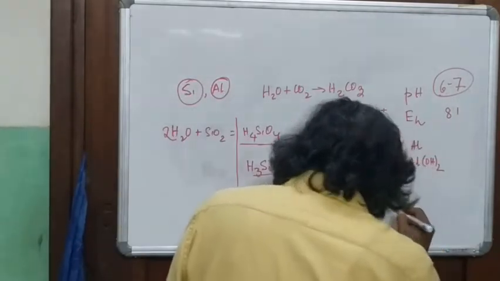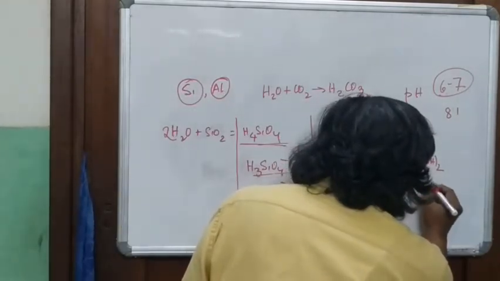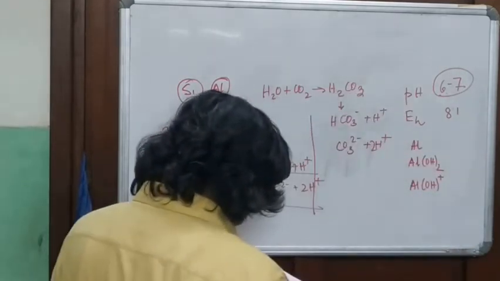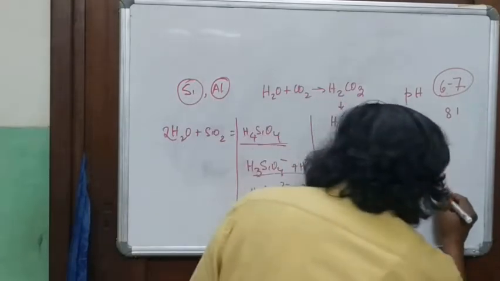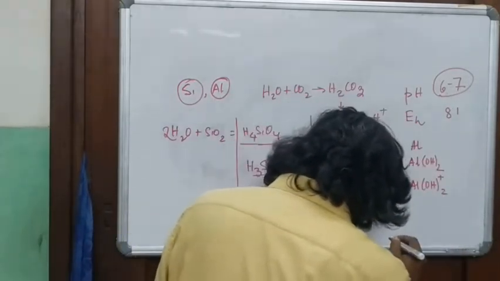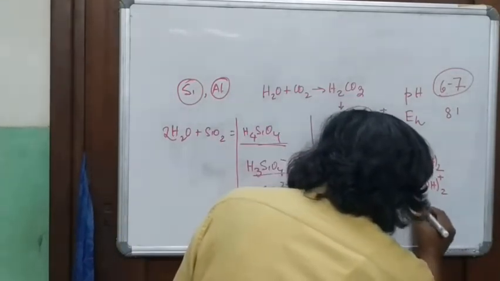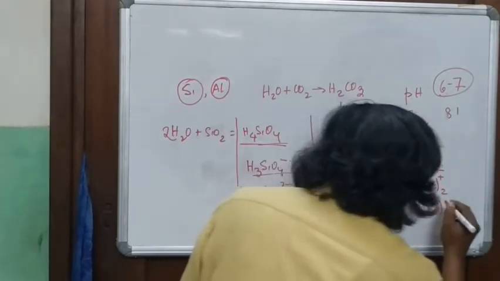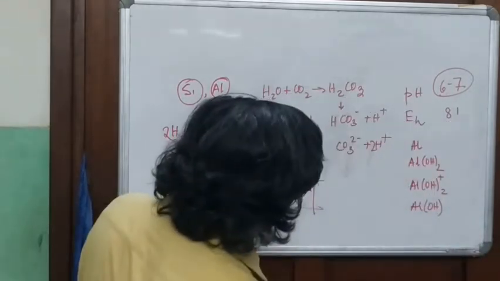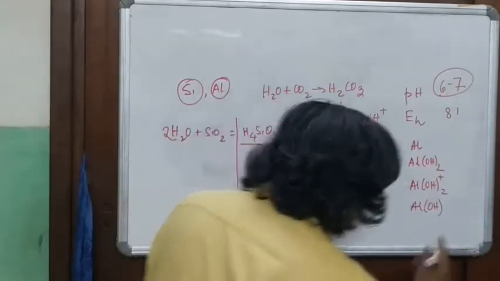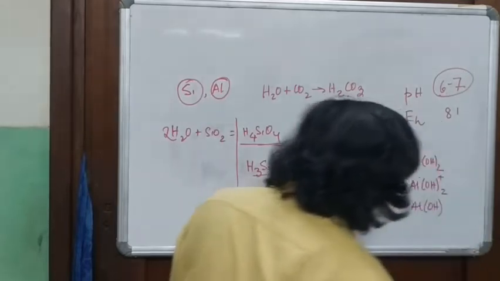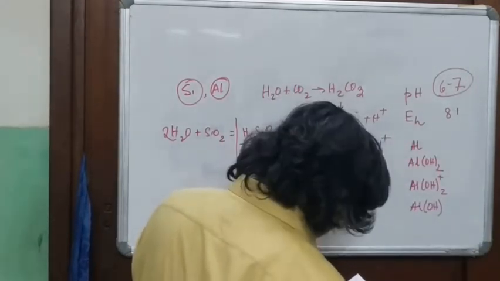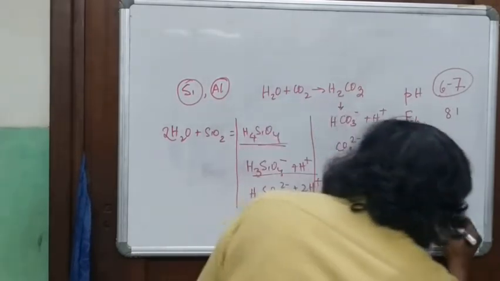And then you have Al(OH)2 plus, AlOH 2 plus, Al(OH)4 minus, Al 3 plus.